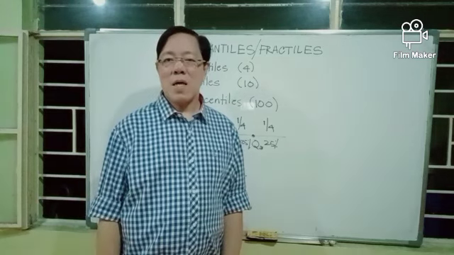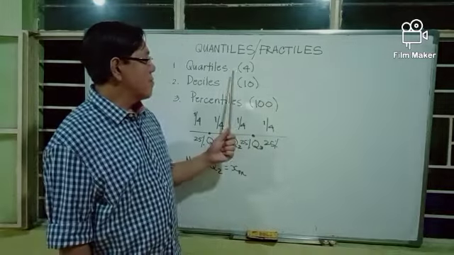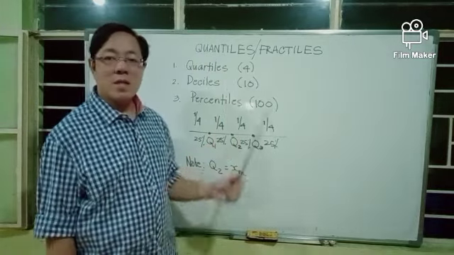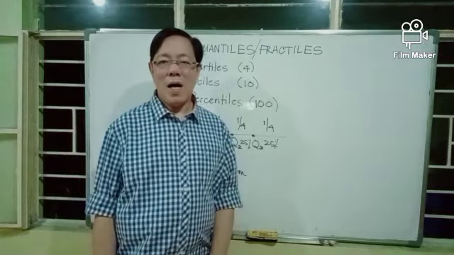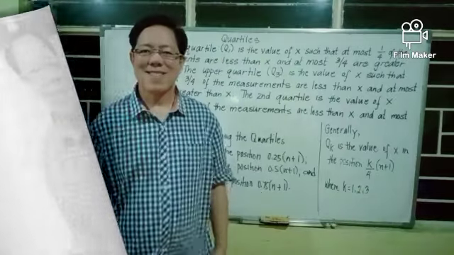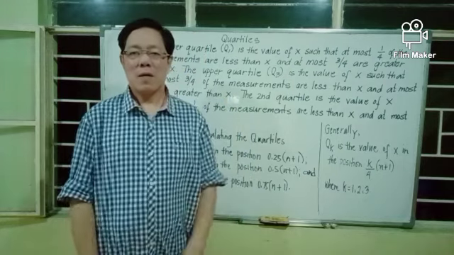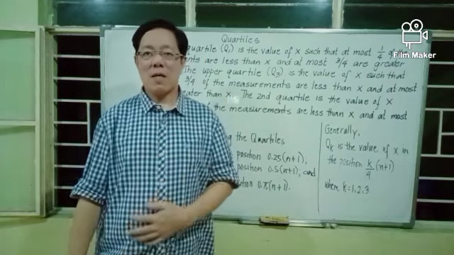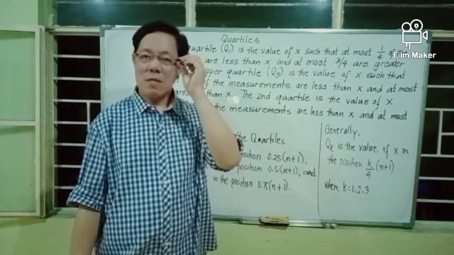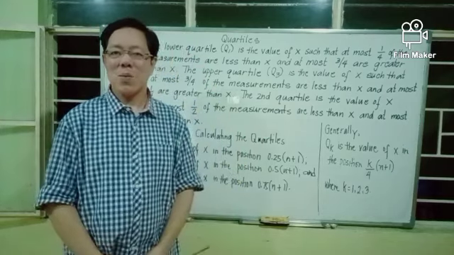Now we will take examples for finding the quartiles for ungrouped data. Before we take an example on how to find the quartiles for ungrouped data, we formally define quartiles.